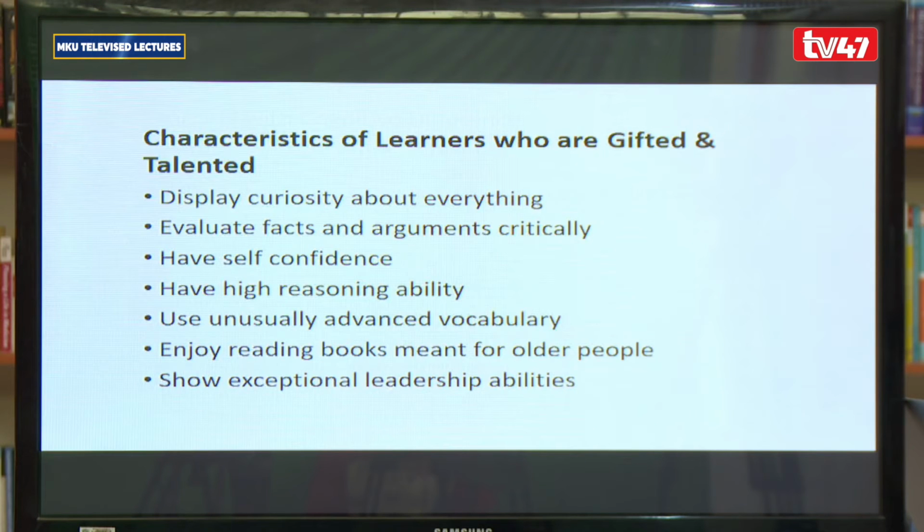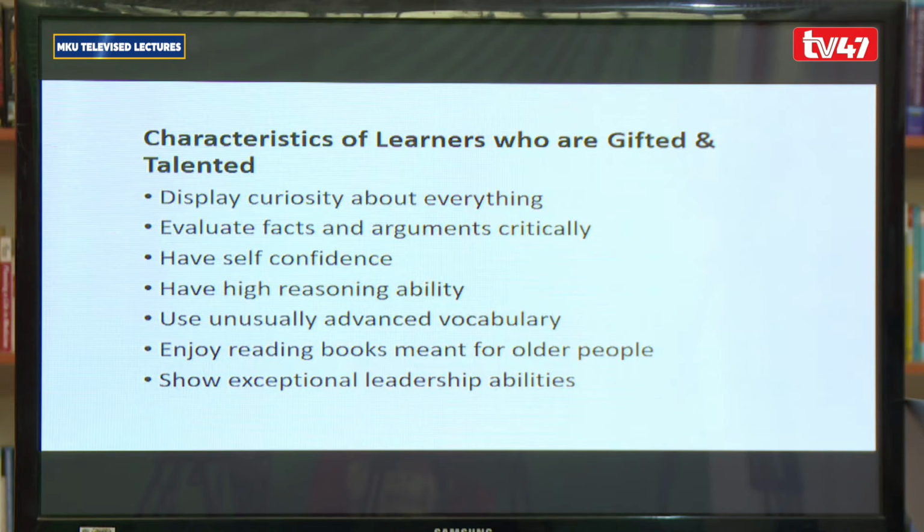How do we get to identify them? One, they display curiosity about everything. They want to know. They really want to know more about something that they come across. They evaluate facts and arguments critically. They are people who have a lot of self-confidence in themselves. Their reasoning capacity is very high.